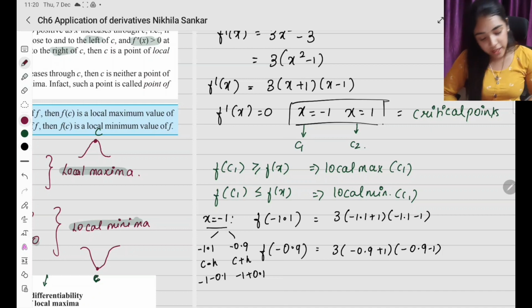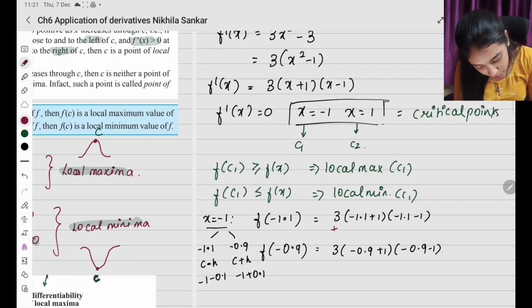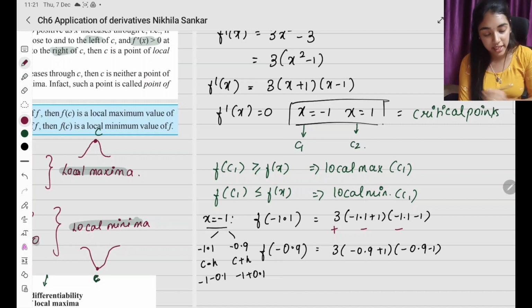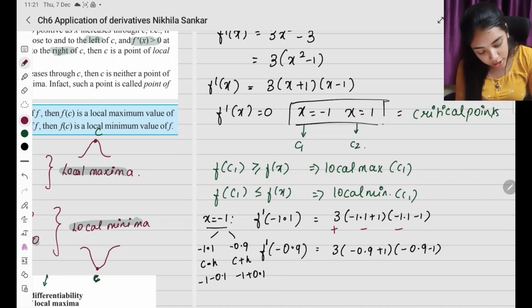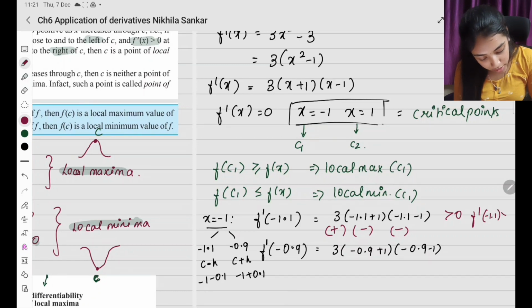So what happens when I substitute these values? This is going to be positive, this is going to be a negative value and this is also going to be a negative value. Substituting in f dash of x, not f of x, I see that the overall function is going to be positive times negative, which is going to be less than 0. Then I have f dash of minus 1.1 is greater than 0.